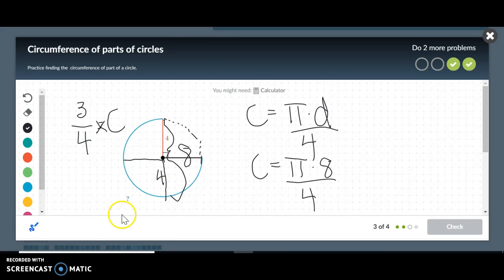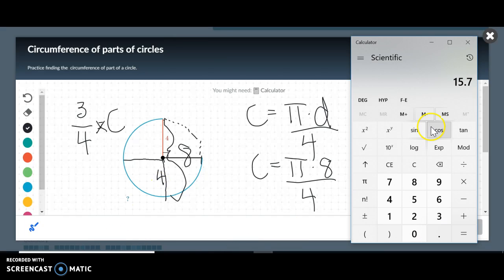So let's pull out our trusty rusty calculator. Let's clear it out, and remember, we're going to take 3.14 in place of pi. We're going to multiply it times 8, which is the length of our diameter, because it's pi times diameter. Then we're going to divide it by 4.